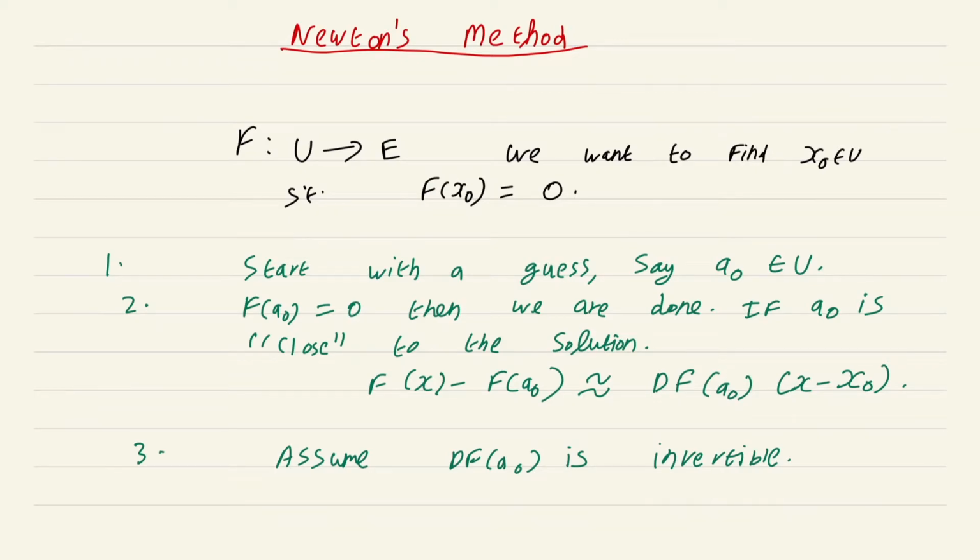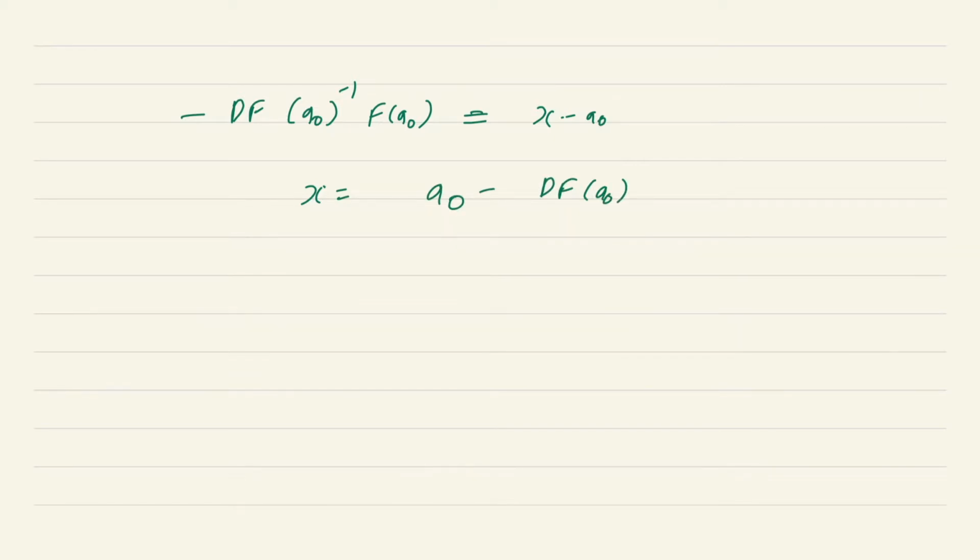So what we get is negative df at a naught inverse f of a naught is nothing but x minus a naught, or in other words, x is equal to a naught minus df at a naught inverse f of a naught.